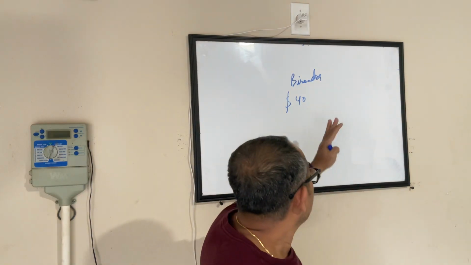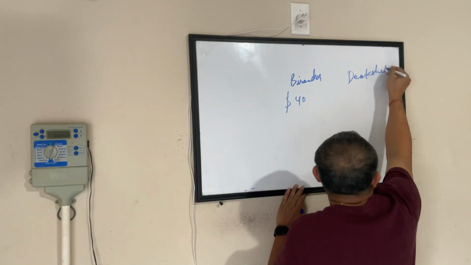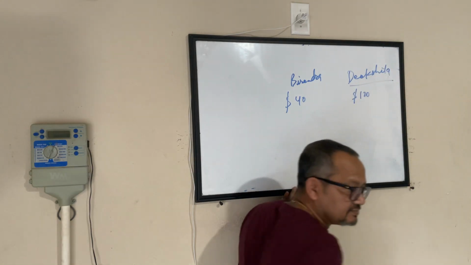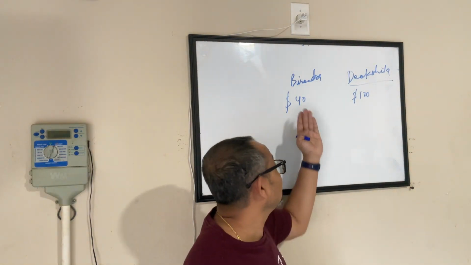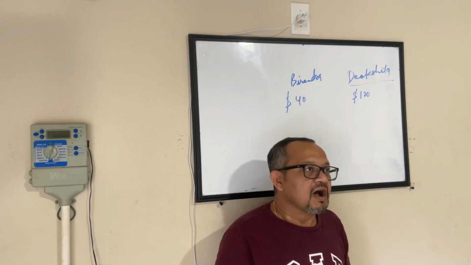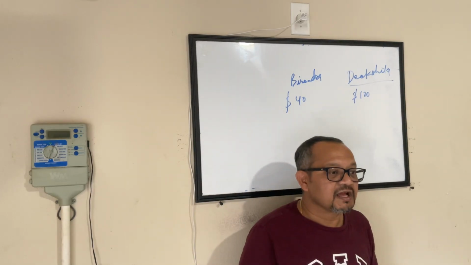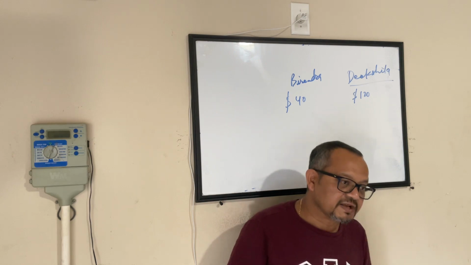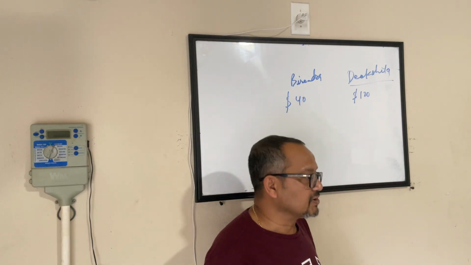And let's say Dikshita bought a shoe for $120. Dikshita wanted a good branded shoe compared to me going for a very low end shoe. So what percentage is my expense against Dikshita's expense? What percentage of money do I spend compared to Dikshita's spend?